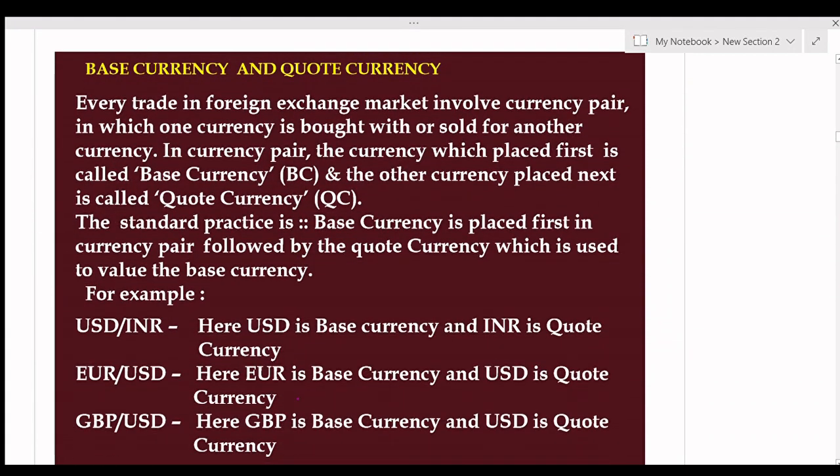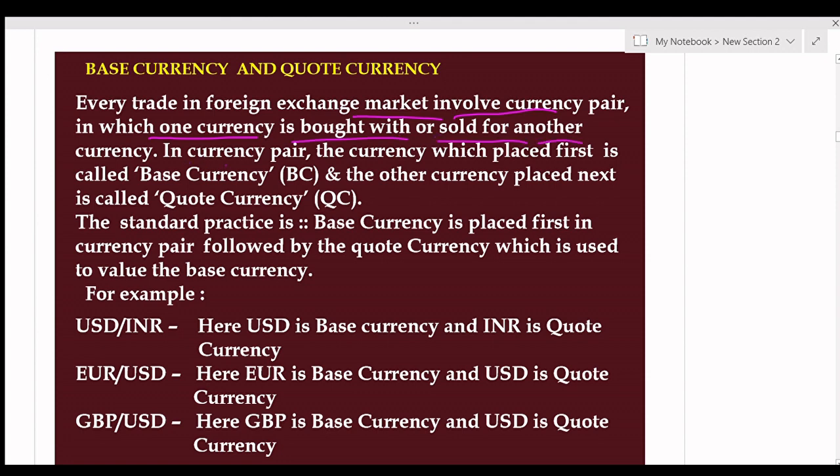Now come base currency and quote currency, which I have already discussed. Here it is explained further. Every trade in the foreign exchange market involves a currency pair in which one currency is bought with or sold for another currency.